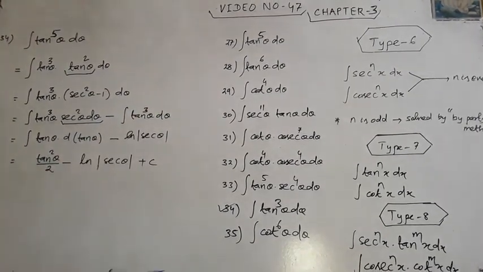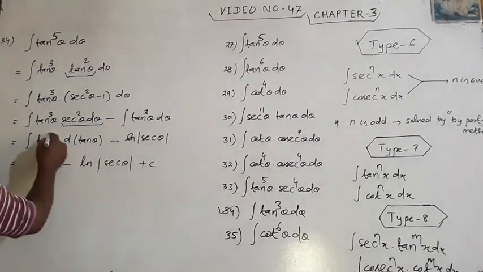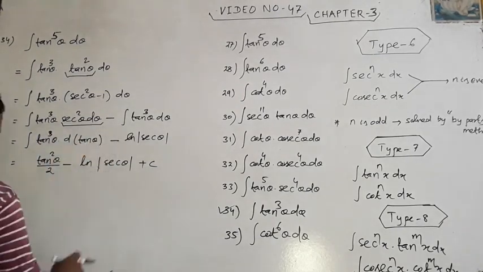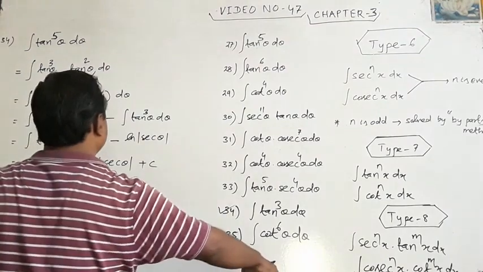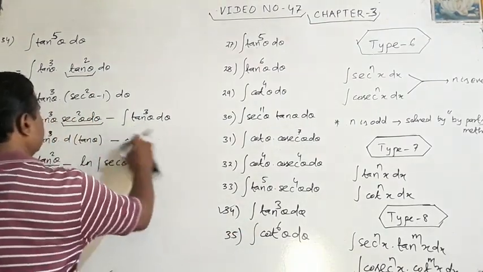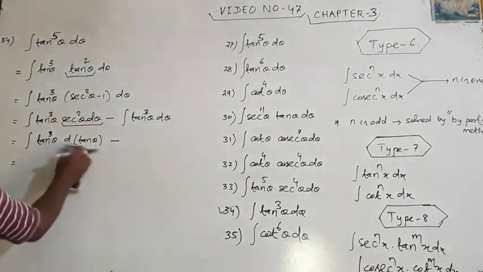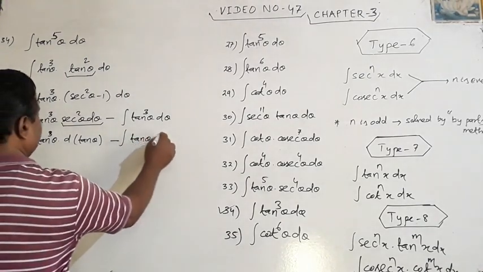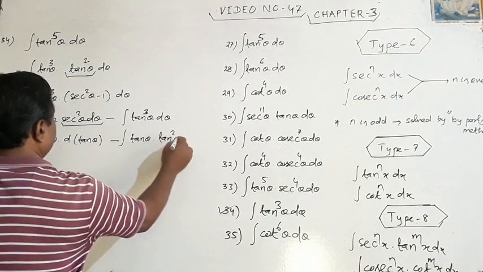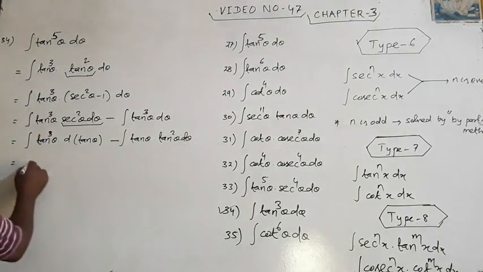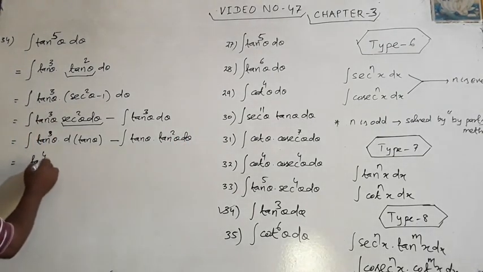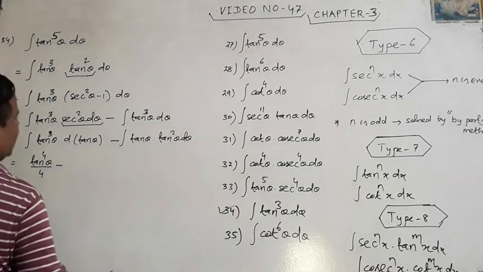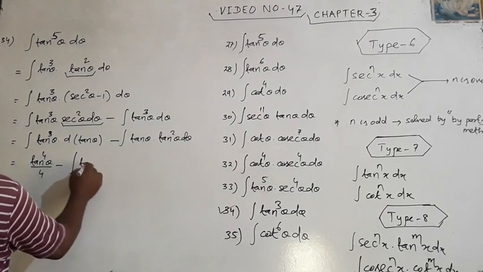Okay. Now you have to do tan cube theta, derivative of tan theta, minus, what you have to do here? Here you have to do tan cube theta. Tell me, it is tan theta again tan square theta. Now it is tan 4 theta by 4 minus tan theta.